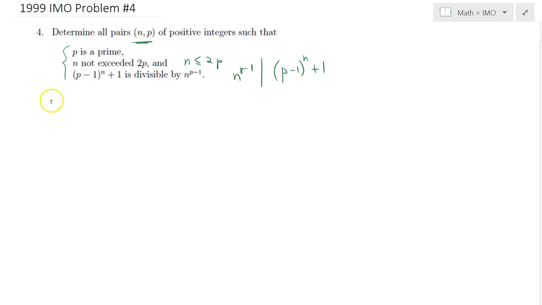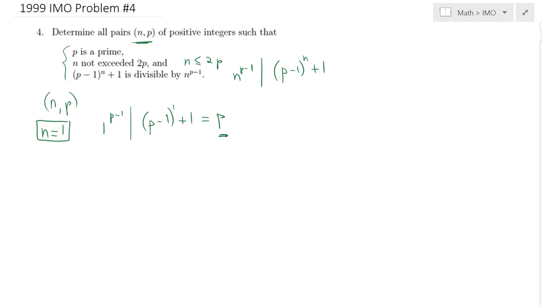Okay, so let's assume that n, p is a pair of positive integers that satisfy these three conditions. We have the following simple case work. Let's consider what happens if n is equal to 1. If n is equal to 1, then 1 to the power p minus 1 should divide p minus 1 raised to the first power plus 1, but that's simply equal to p, so 1 would obviously divide all the prime numbers.